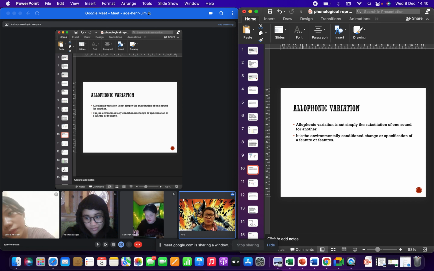It is the environmental conditions that change the specifications of a feature or features. So we talk about the conditions of one surrounding sound that affect the sound itself, or that affect the sound feature. Maybe the natural class will change, or maybe the other features will change because of the allophonic variations.